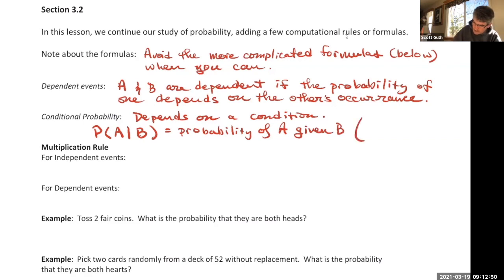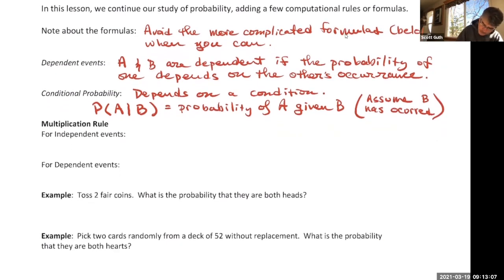So in that, we assume that B has occurred. Okay. So that only matters if A and B are dependent. If B has occurred, then that's going to affect the probability of A, which makes the events dependent.